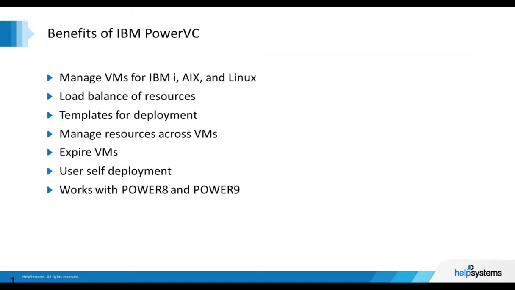We can also expire VMs, so maybe after a certain point in time when you're done testing, you want to be notified that this VM is no longer being used. Another neat thing that we use here is self-deployment, the ability for our administrators to create their own Linux, IBM i, and AIX VMs. Of course, as we stated earlier, it works with Power 8 and Power 9.